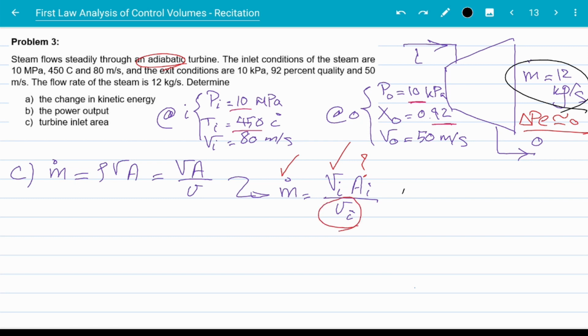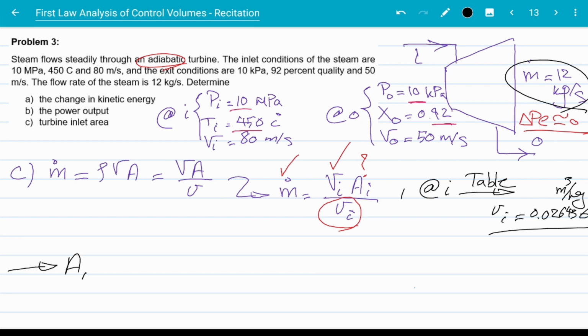So if I do that and use the tables, I know that at the inlet we are dealing with a superheated steam. So I go check the tables for the pressure of 10 megapascals and the temperature of 450 degrees, and I read that the specific volume of the steam is 0.026436 meters cubed per kilogram. Okay, now I can plug everything back and find the area.